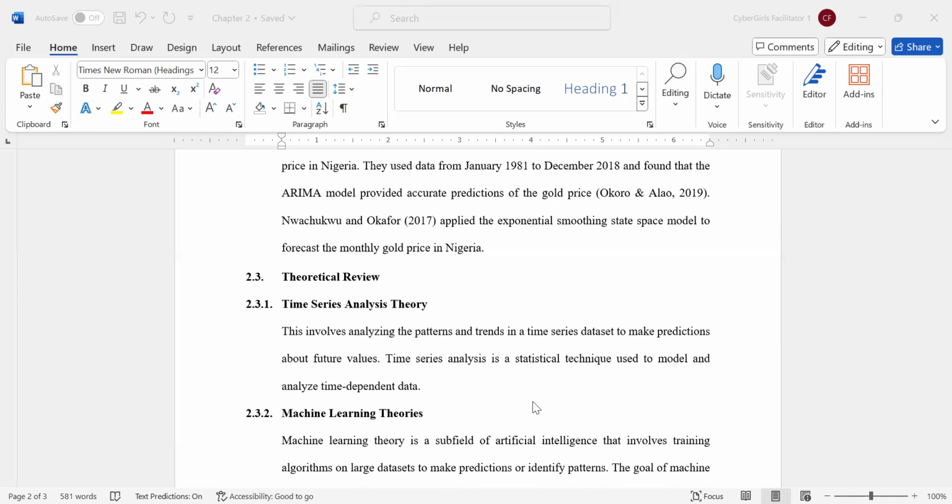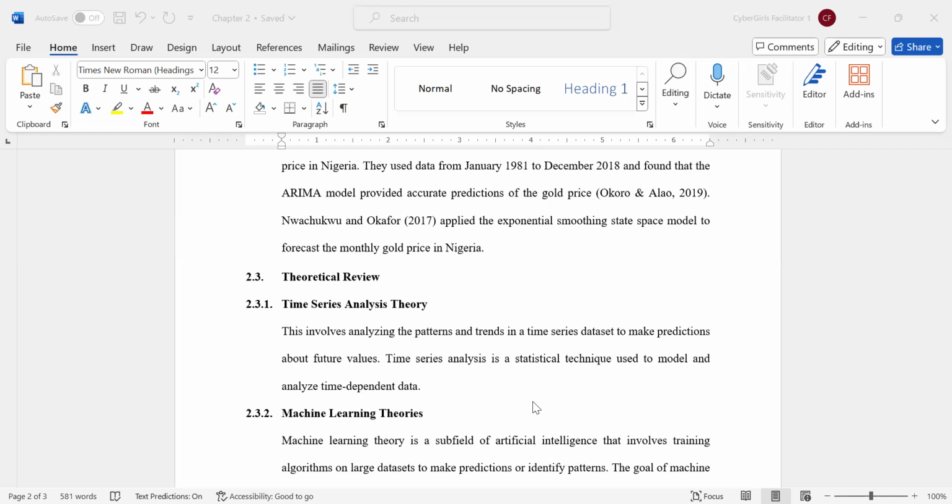And in theoretical review, when you're looking at theories, years matter a lot. There are some institutions that will tell you, okay, look at theories below 5 years or 7 years or 10 years. It shouldn't be above that, right? So when you are reviewing them, you have to look for the most recent theory as it relates to your work, because there are theories that might have been propounded in 1880, for instance, and that theory must have evolved over time.